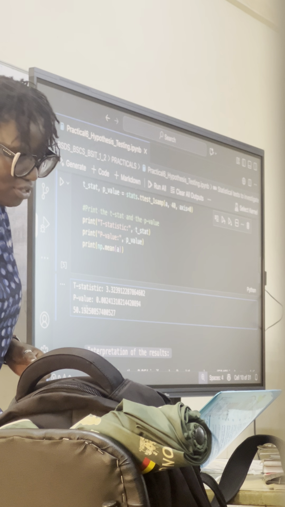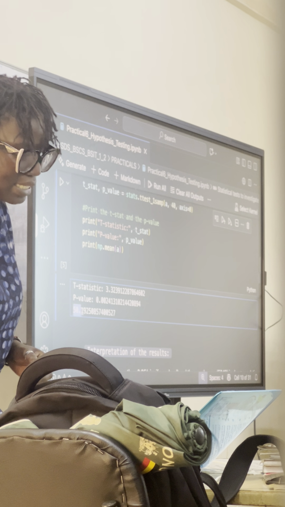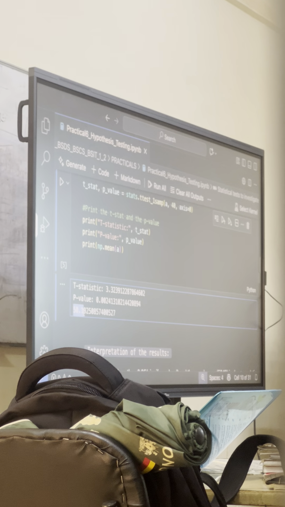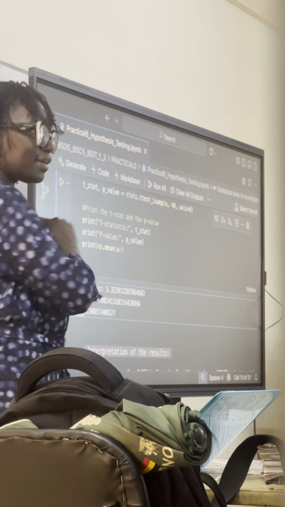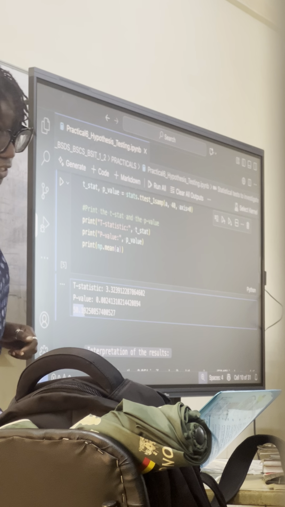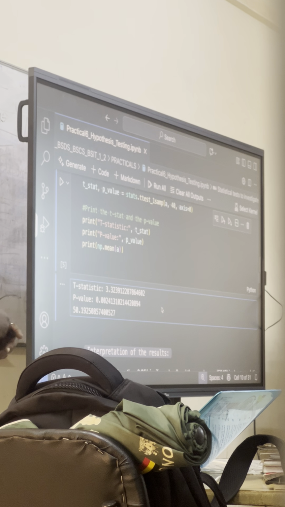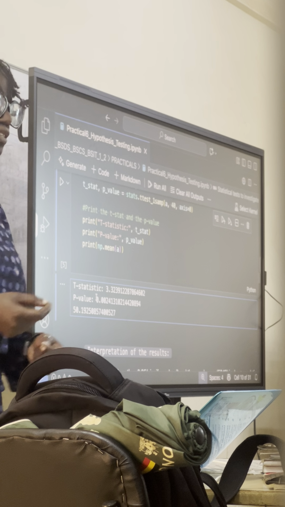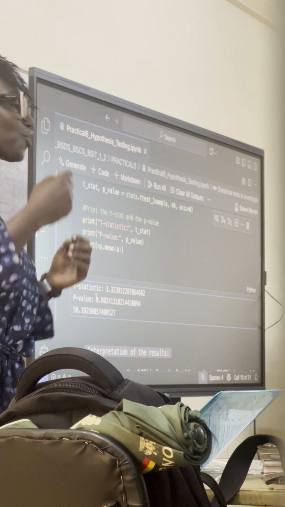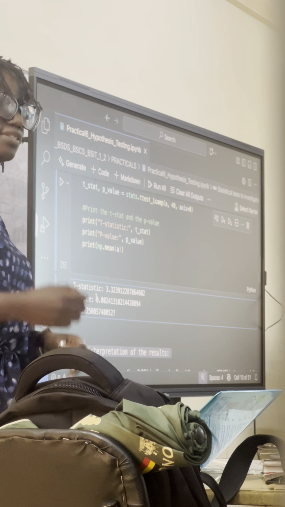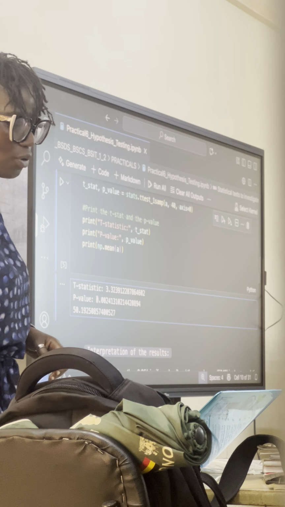It also generated for us the mean of that sample group A, which is now 50.19. So we can see 50.19 is different from the population mean of 40. But what gives us confidence or statistical credence to this difference is our p-value.